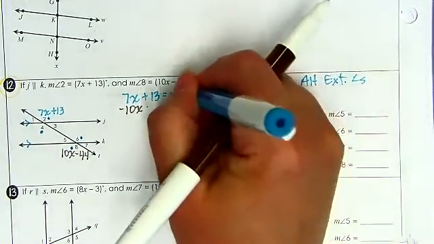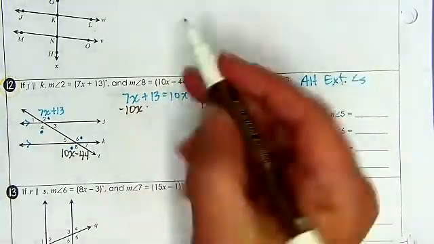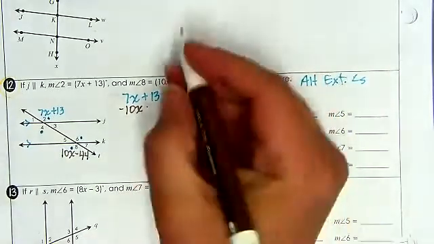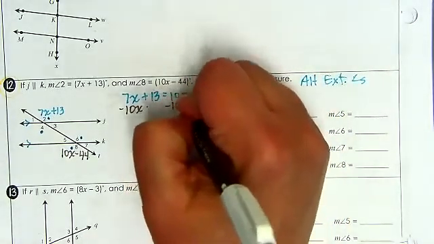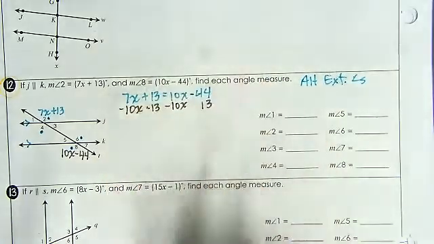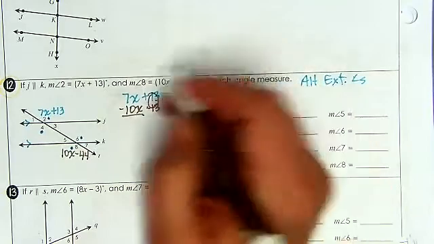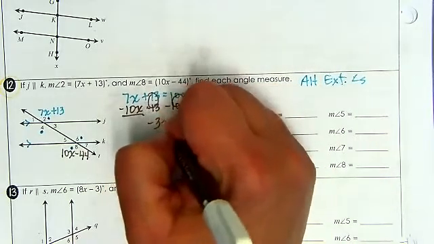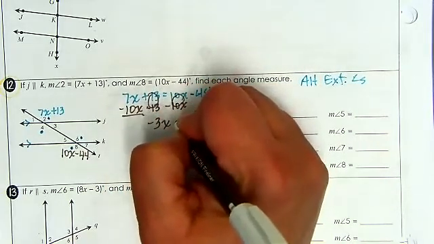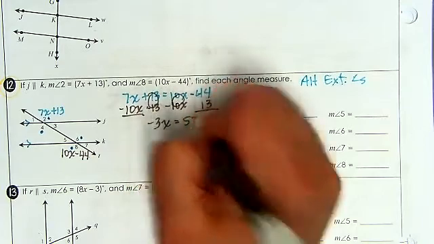It's 10x minus 44. So I'm going to subtract the 10x and subtract the 13. This cancels, and I'm left with negative 3x equals negative 57.